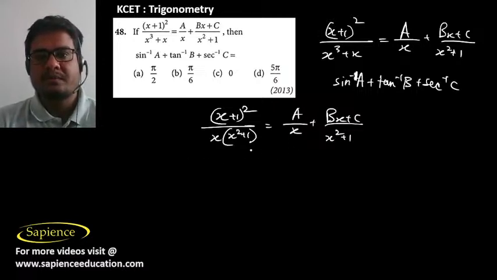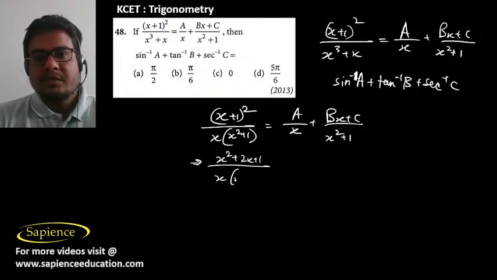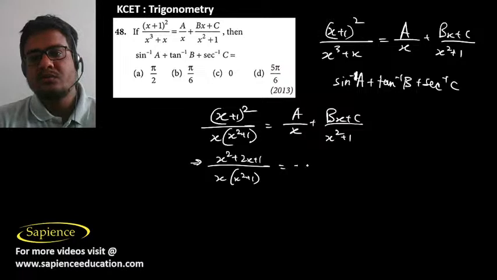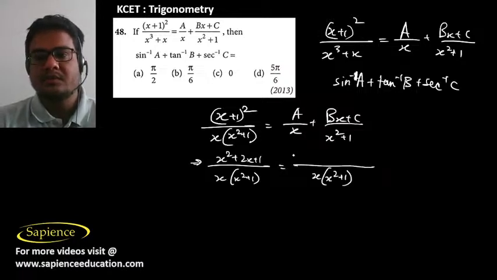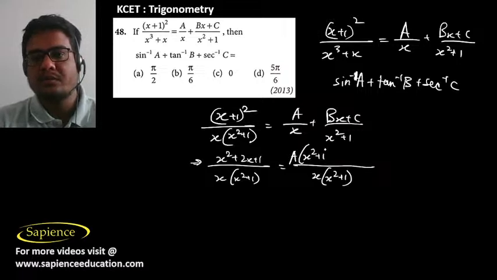Here we have to compare both sides. So (x plus 1) whole square is x square plus 2x plus 1 divided by x into (x square plus 1). Here also we take x into (x square plus 1) as the LCM, and then we will have a into (x square plus 1) plus (bx plus c) into x.